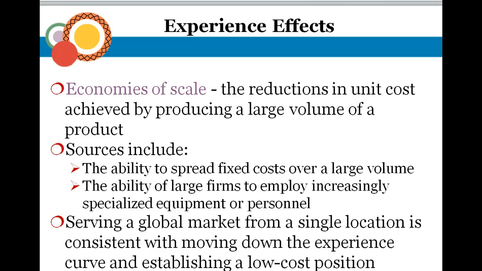So if the fixed cost of taxes and mortgage and everything that went into building your factory can be spread over a million units, say it's $1 a unit for a million units, or maybe you make 10 million units, so now this fixed cost is only 10 cents per unit, so now each product is 90 cents more profitable.